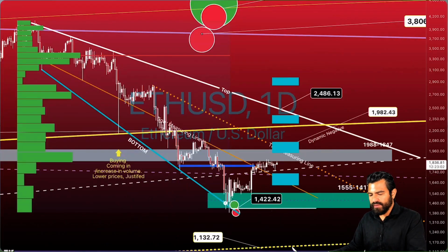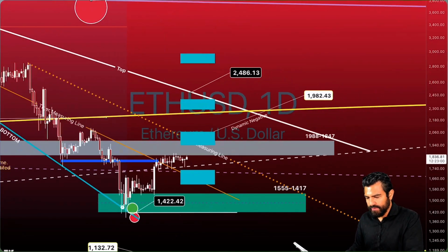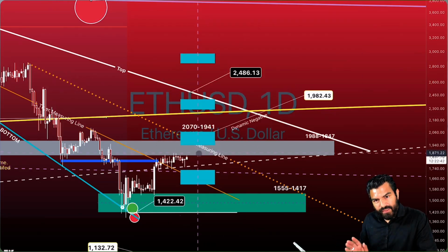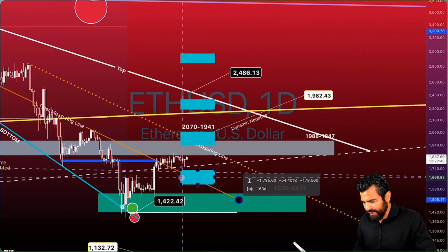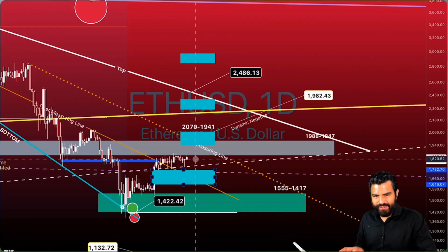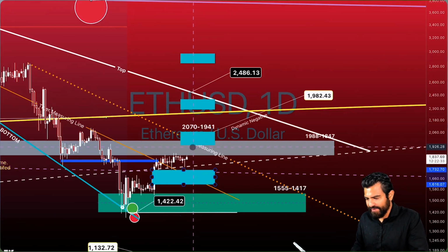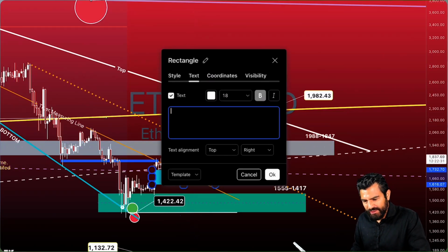So I'll mark these down with price 2,070 to 1,941, and this would be just like what we suspect, that there's not much room here, yet price is in a good spot. It's just a little bit between a rock and a hard place, gives us a vortex around the 10th of this month. So I'm not going to be super bullish Ethereum at the moment.